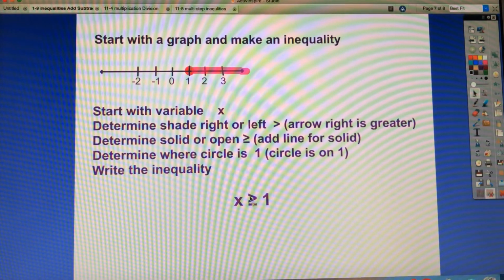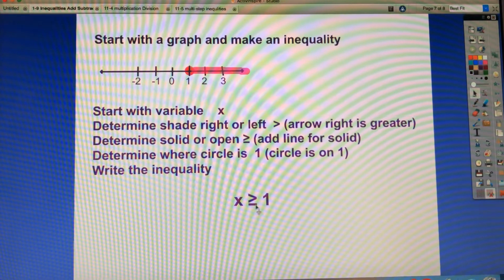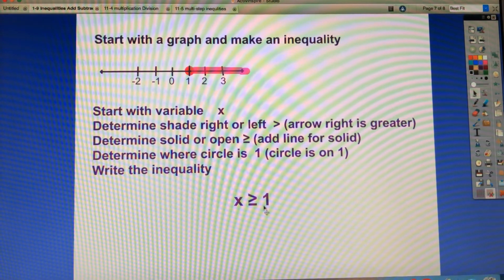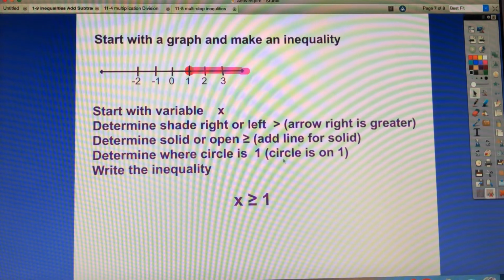But if it's a solid circle, you need to add the equality sign. Now determine where the circle is. It's at 1. So 1. You have now written your inequality. It's actually very easy to work backwards, easier than going forward.